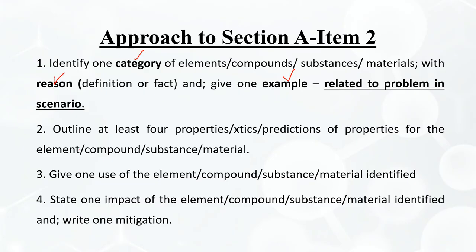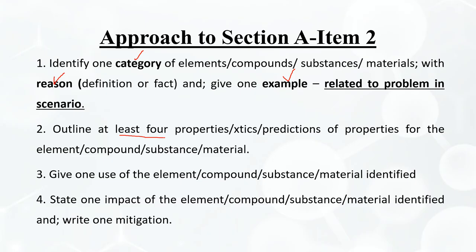Then number 2, we outline at least 4 properties. Please, this is at least 4. At least 4 means 4 and above, not less than 4. We have seen learners reaching on this, they put only 1 point, that this can do this because it is strong, and end there. No, we want to give a firm reason why such a substance you have categorized in part 1 is very good.